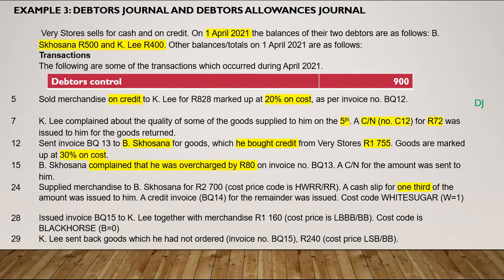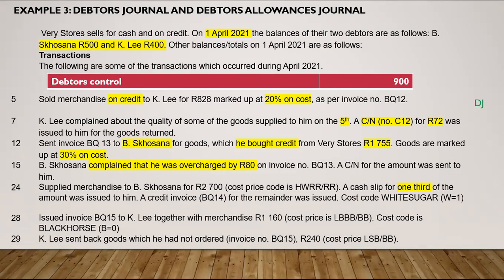So the document number was the credit note C12, and it was for 72 rand. So 72 rand is the selling price of these goods, right? And obviously, the credit note C12 was issued to him for the goods returned. Goods returned by the debtor.